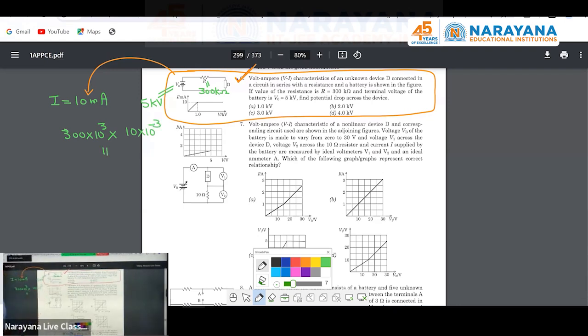So you are getting 3000, so 3 kilovolt, right? So for a V0 of 5 kilovolt, I am getting a voltage of 3 kilovolt across the resistor, which means this device has 2 kilovolt. Fine. It may not be the final answer, so we need to check also.